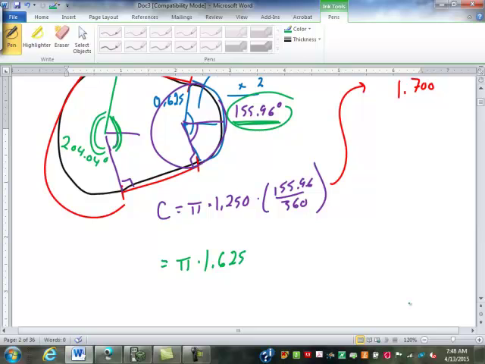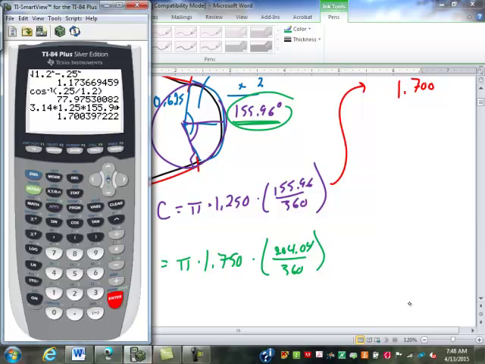Right? No, that's 1.75. Thank you. 1.75 is that diameter. Times 204.04 over 360. So 3.14 times 1.75 times 204.04 divided by 360. 3.114.